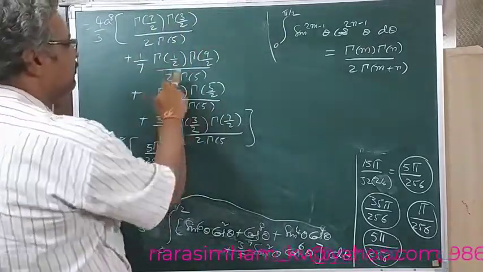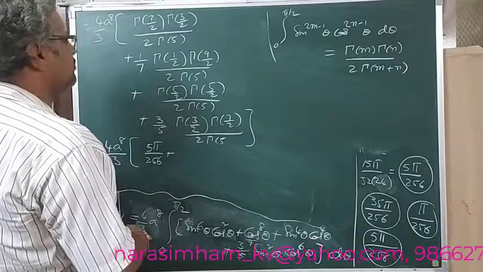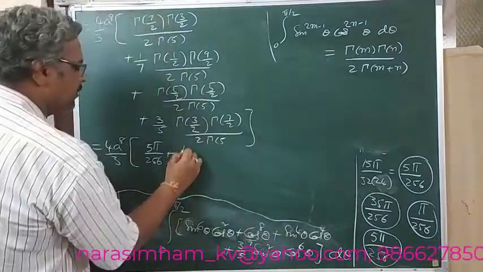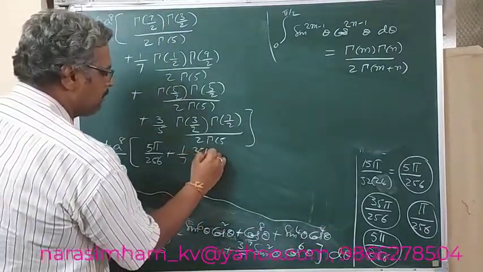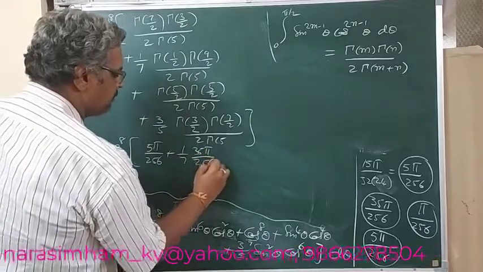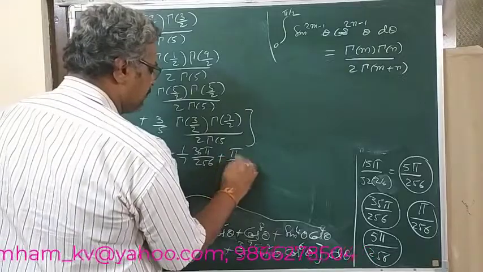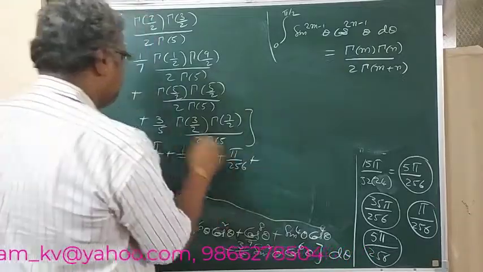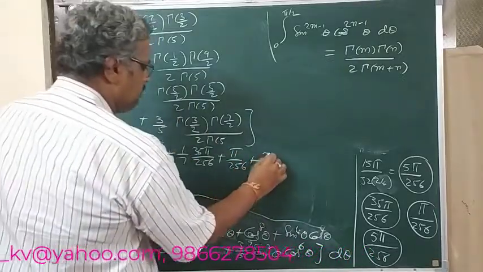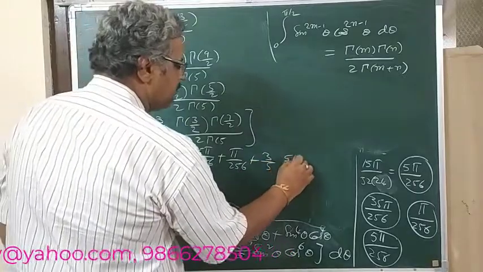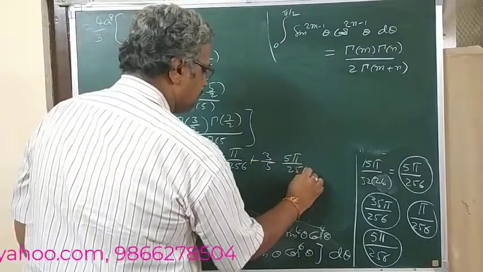Now the second value is 1 by 7 times 35 pi by 256, plus the third value 5 pi by 256. Now the last value, 3 by 5 times 5 pi by 256.